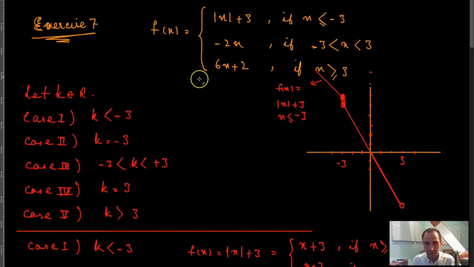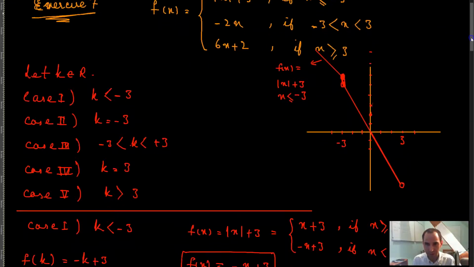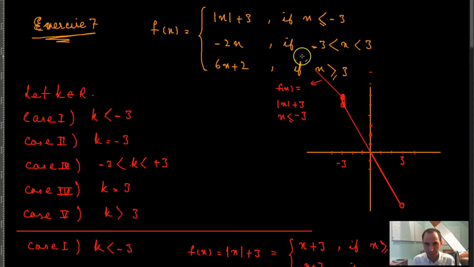But then we have to be careful about the limit. If x is greater than or equal to 3, then f of x is equal to 6x plus 2. For x less than 3, then you have negative 2x.